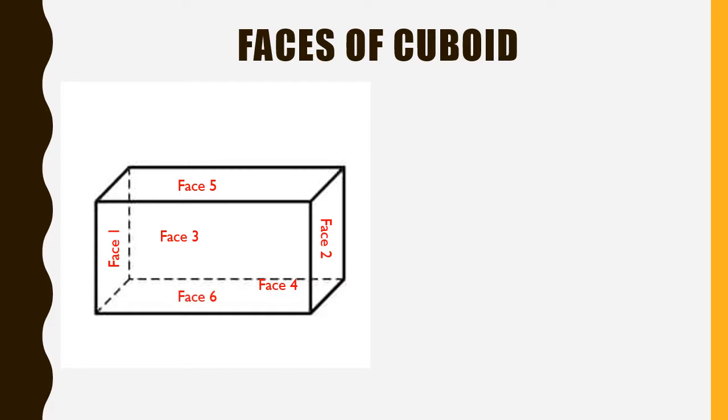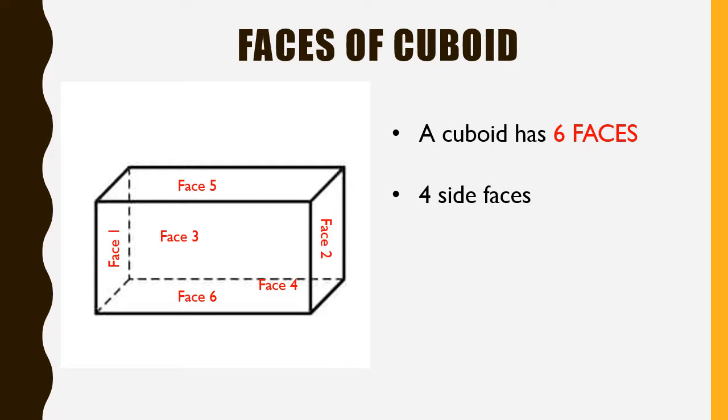A cuboid also has 6 faces, out of which 4 are the side faces, 1 face at the top and 1 face at the bottom. Here also, like that of a cube, all the faces of a cuboid are plane faces.